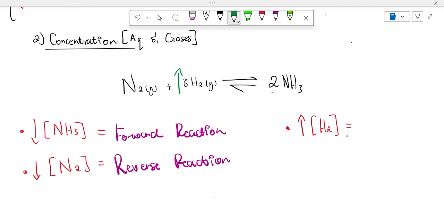Therefore, the system will try to decrease on the reactant side. So if it wants to decrease from the reactant side, it needs to use up the reactants. They must get used up. And when they get used up, they form my product. And as a result, I need to move from reactants to products. Therefore, the forward reaction is favored.